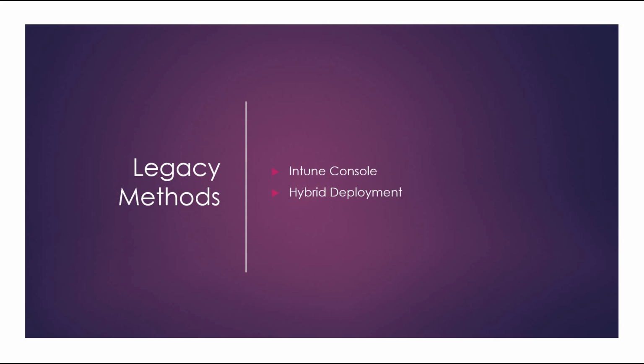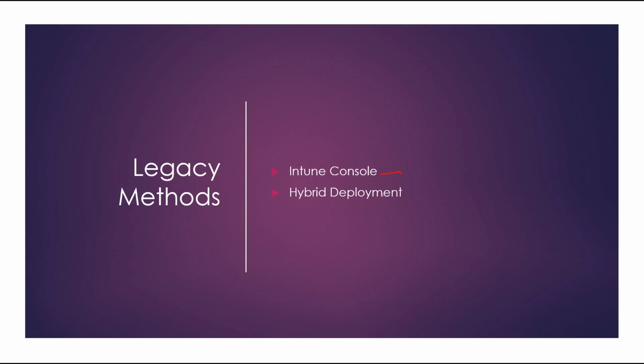The legacy method of generating a report from Intune was, first, obviously from the Intune console, and second, deploying something called a hybrid infrastructure. We'll talk about both of these one by one. Let's first talk about how we could conventionally get a report from the Intune console.